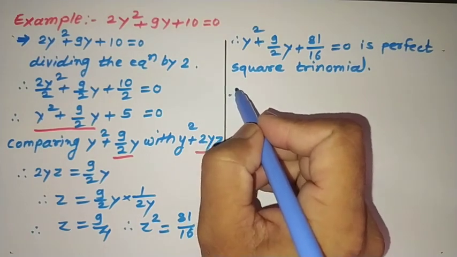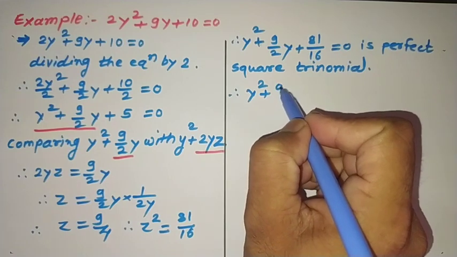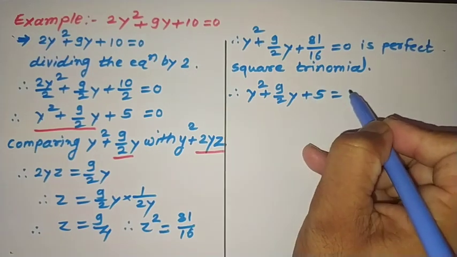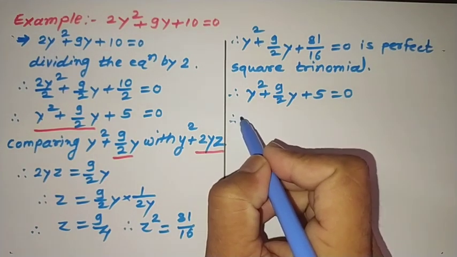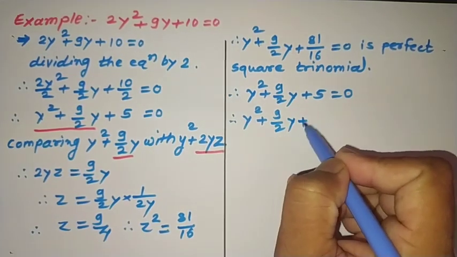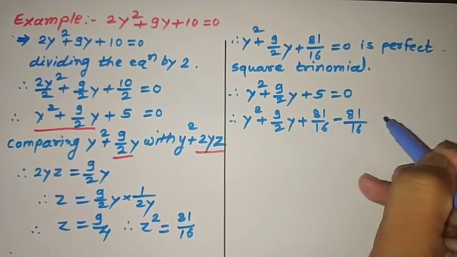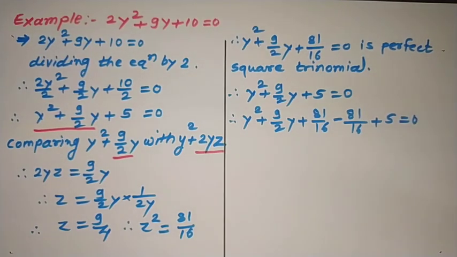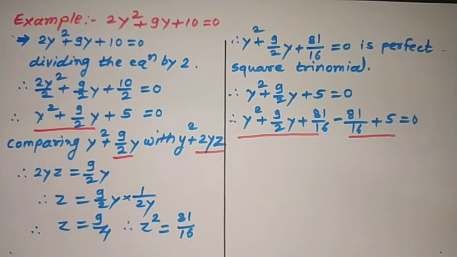Therefore y square plus 9 upon 2y plus 5 is equal to 0. Add and subtract 81 upon 16. Therefore y square plus 9 upon 2y plus 81 upon 16 minus 81 upon 16 plus 5 is equal to 0. The first 3 terms write down in square form and the second 2 terms write down separately.